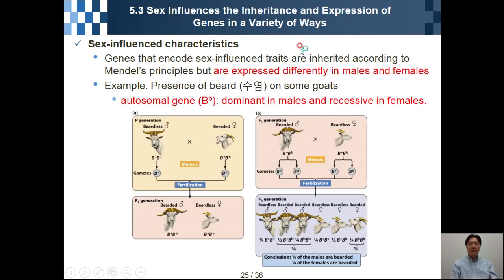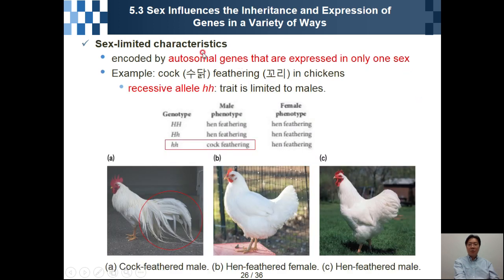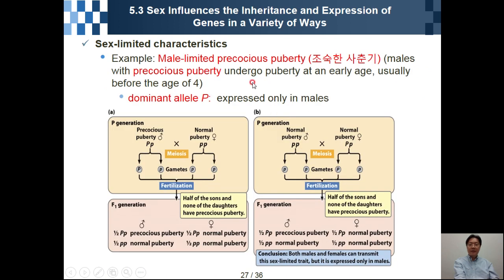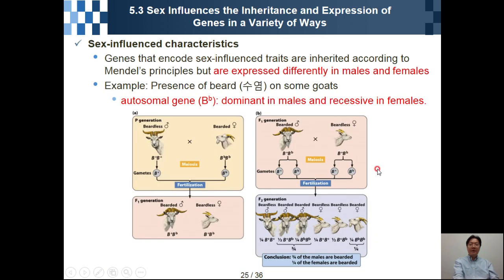From this slide, we will learn another subject. Sex influences the inheritance and the expression of genes in a variety of ways. So first, we will learn the sex-influenced characteristics, and also we will learn sex-limited characteristics. This is one example, and there is another example. So what are the sex-influenced characteristics?